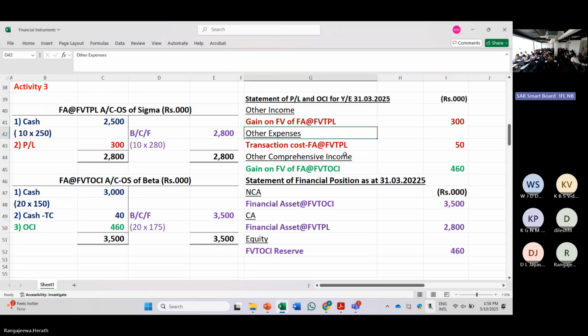Other expenses, the transaction cost of the financial asset, fair value through P&L. Then other comprehensive income, you can have this 460, the gain on fair value of financial asset, fair value through OCI. So in the statement of financial position, we can have non-current asset, current asset, and equity.